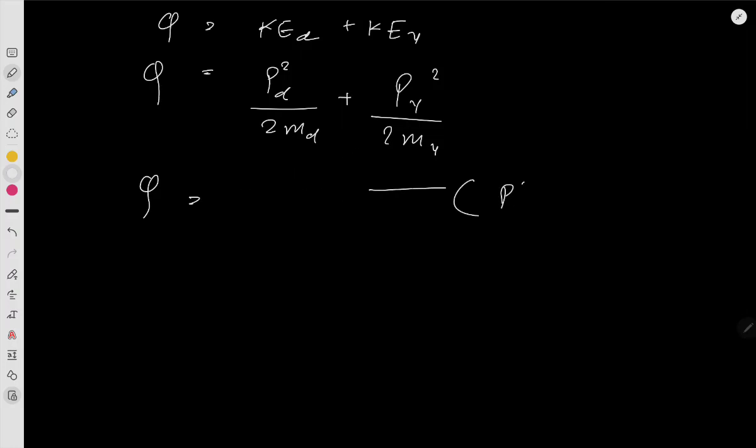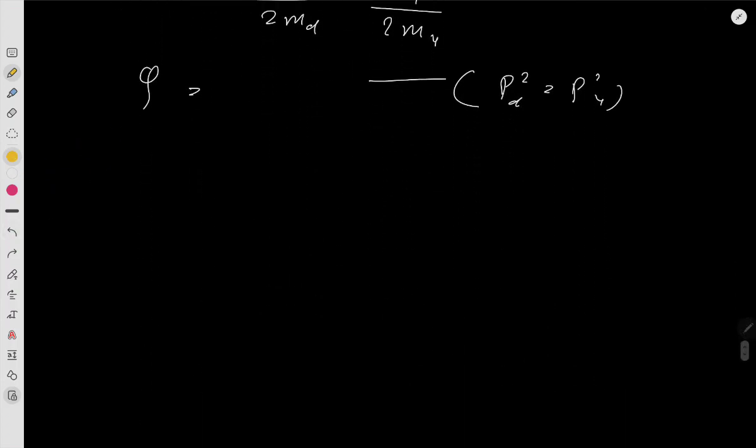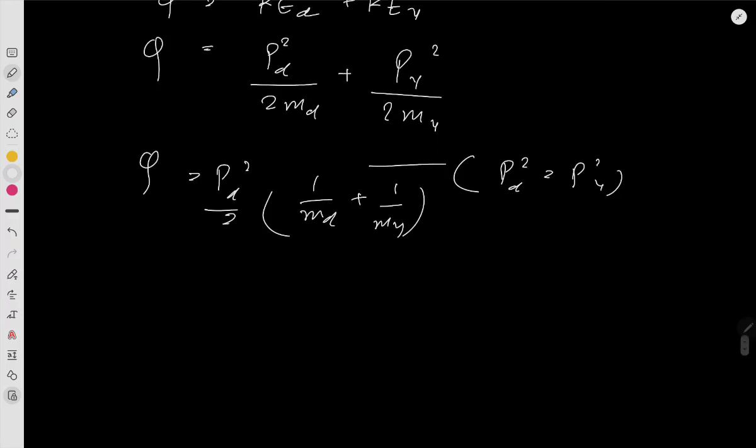We know that p square of alpha equals p square of y from this equation. So I'll take p of alpha the square common, and then 1 upon 2 times mass of alpha. I'll take the 2 also common, p square by 2, 1 upon mass of alpha plus 1 upon mass of y, and then from now on we can solve the question.